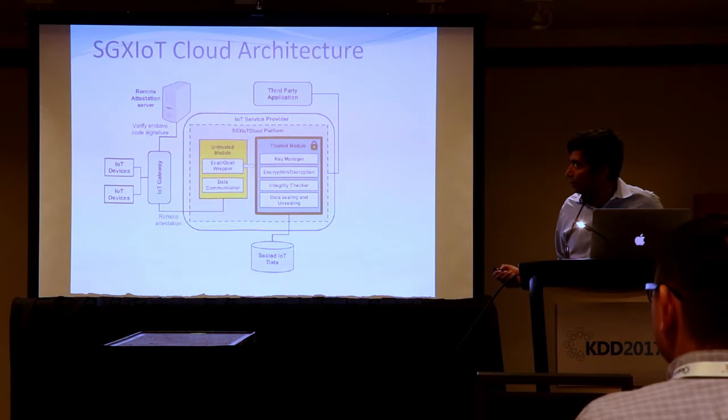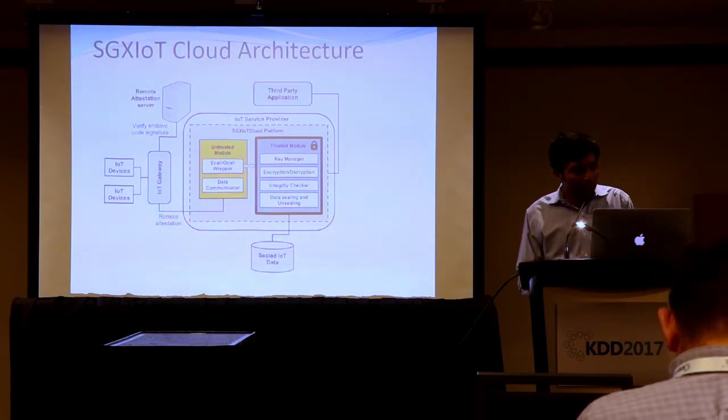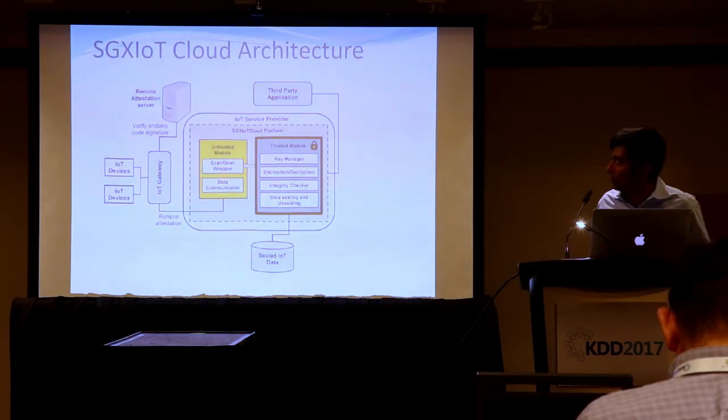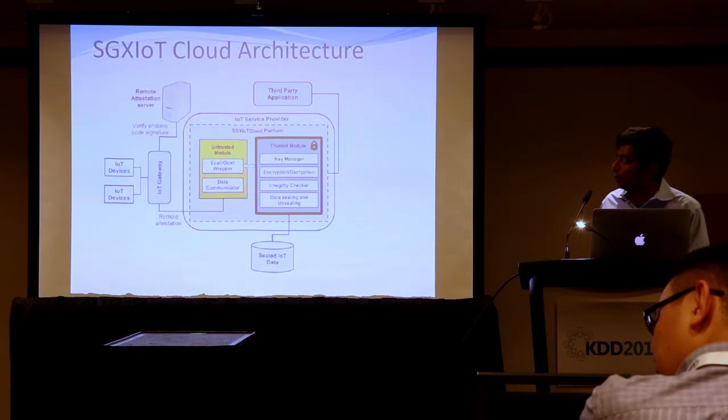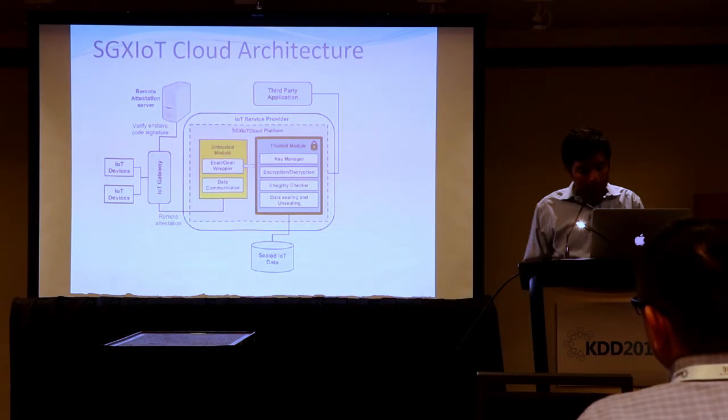The trusted module will have encryption, decryption, integrity check, and those standard techniques. To communicate with the outside world, the ECall and OCall are the functions that we'll use, as I showed you before.